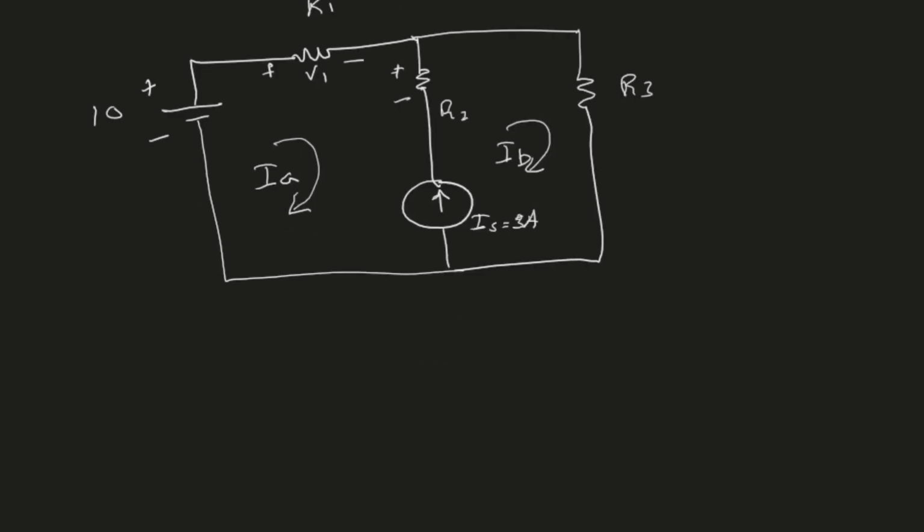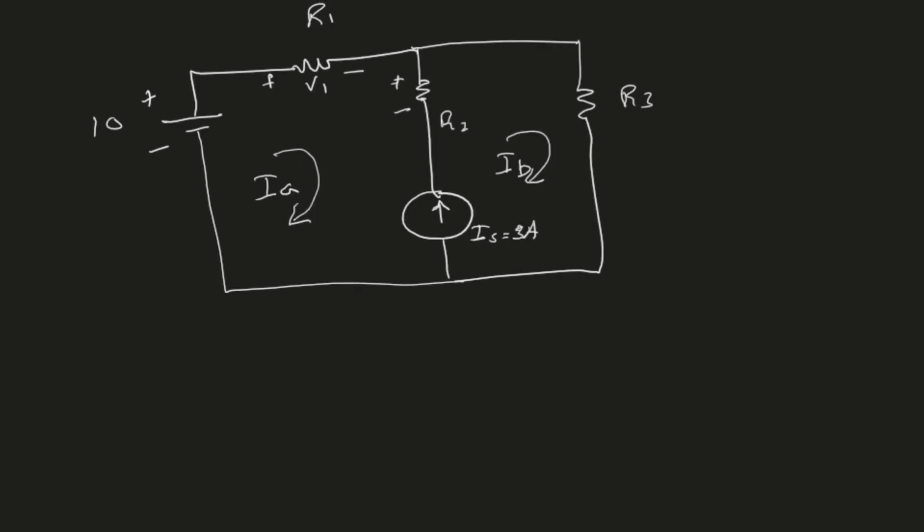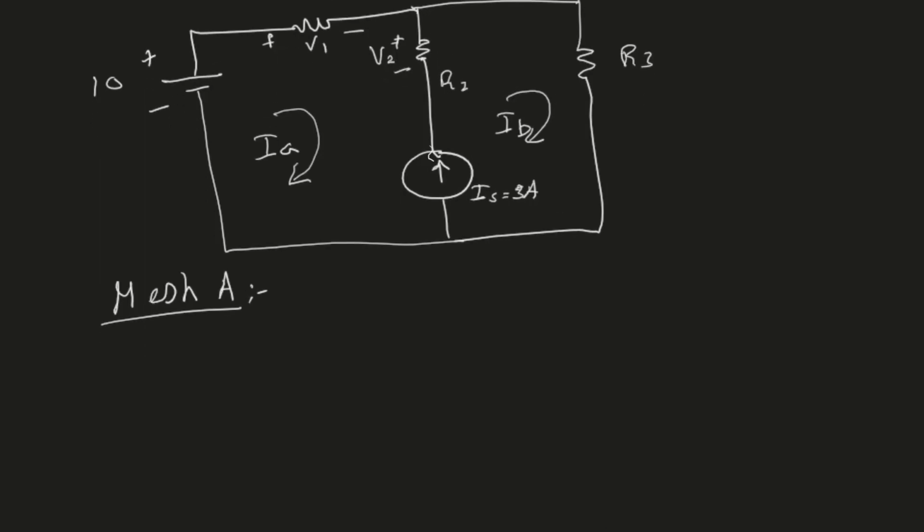If I want to apply KVL to mesh A, I know the voltage of the source, so I can get V1 and I can get V2, but I don't know the voltage from here to here. So that will cause a problem.